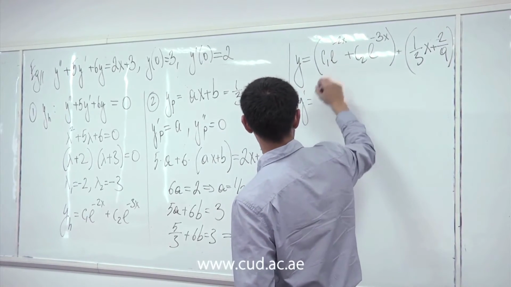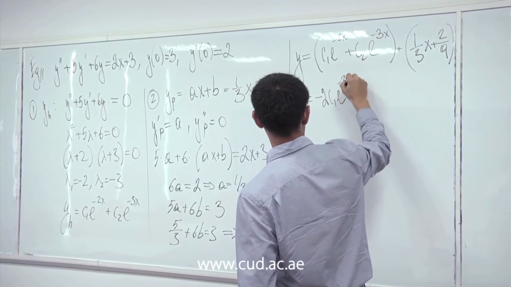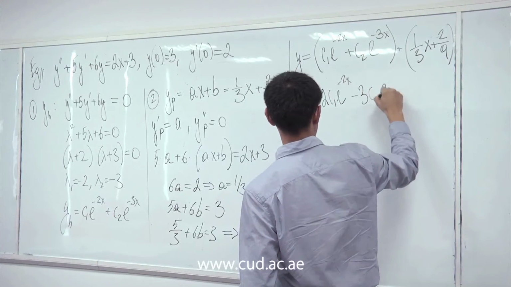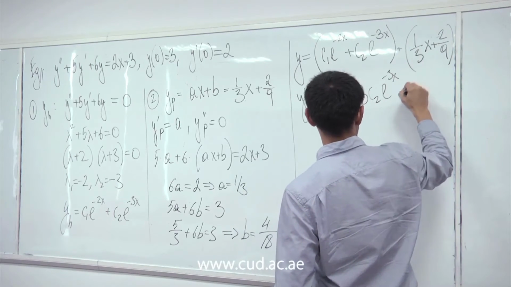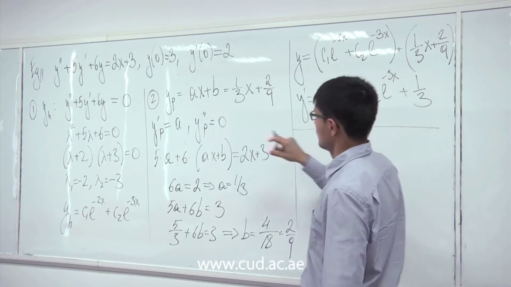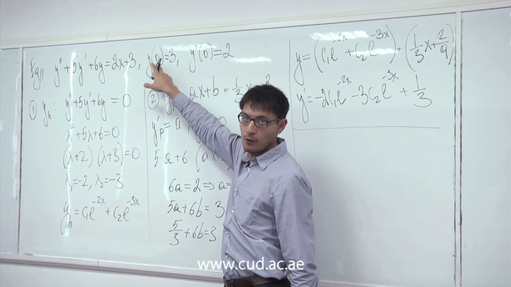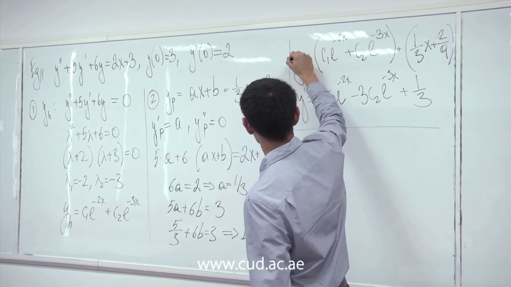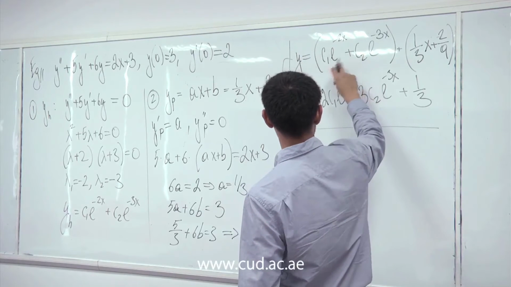Let's find y prime. So y prime would be negative 2c1 e to the negative 2x, negative 3c2 e to the negative 3x. And if I take the derivative here, I just get 1 over 3. All right. So this condition says that if I replace x with 0, y would be 3. So replace y with 3, x with 0.